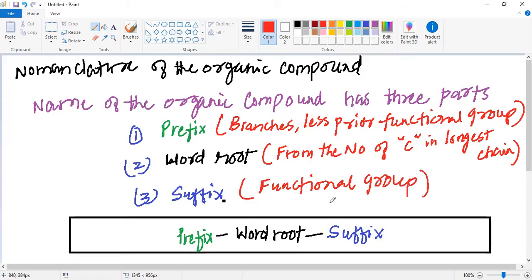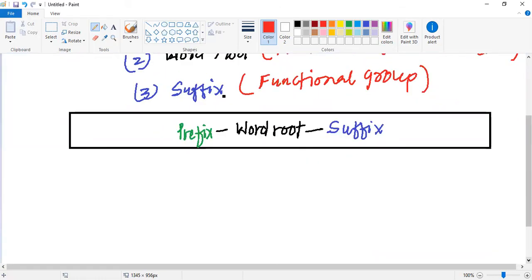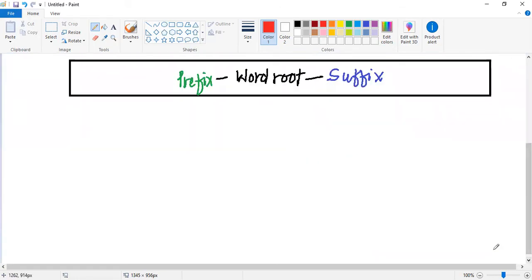So this is how, my dear students, we understand the various parts of the organic compound. Now, when we try to study the various parts of the organic compound, let us first study about the word root that comes from the number of carbon. So let us first focus on word root.